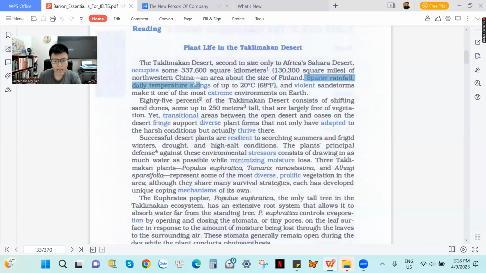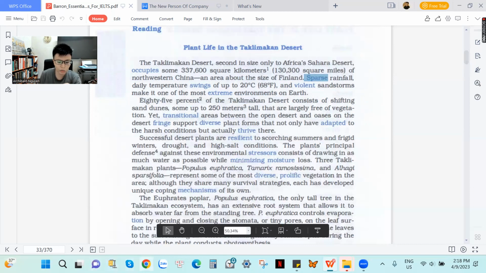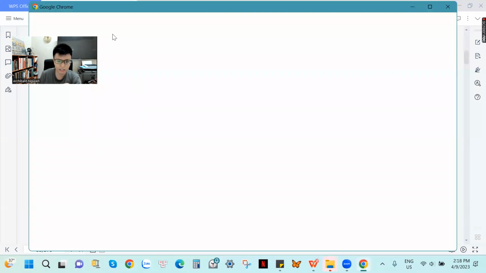Sparse rainfall, daily temperature swings up to 20 degrees Celsius, and violent sandstorms make it one of the most extreme environments on Earth. Sparse rainfall. Sparse, something sparse. Let's use the Cambridge Dictionary altogether.